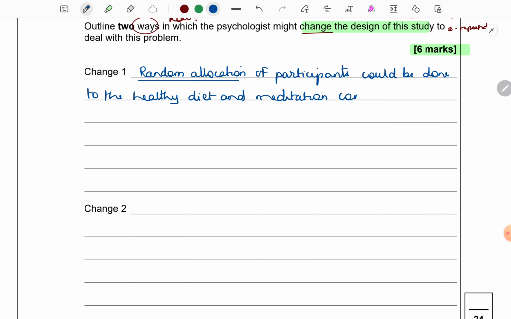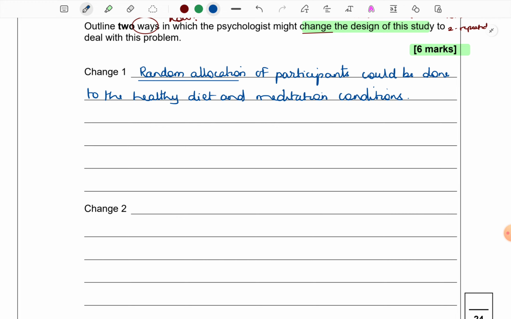Okay, now I have to explain how after giving my suggestion. First, I should give the suggestion straight off, random allocation. Don't beat around the bush and then say this is random allocation, because by the end of it, students will explain lottery method, chits, everything, and they forget to mention the word at all, random allocation.